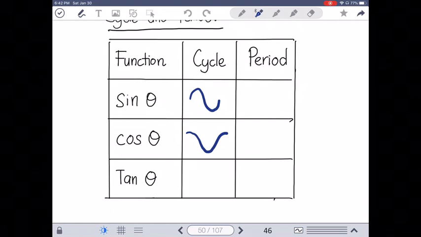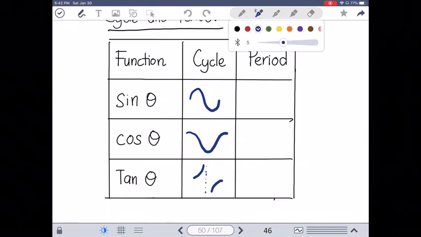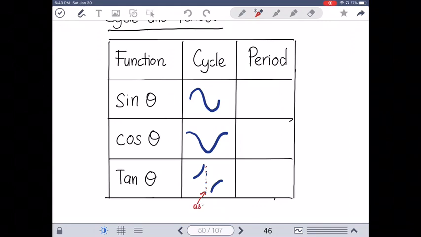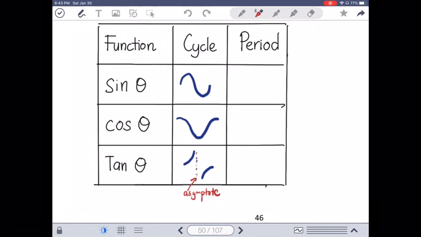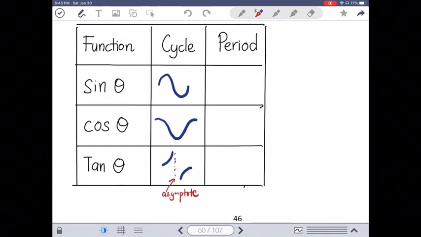And for tan theta, it looks like that, such that the dotted lines are the asymptotes. Okay, so this is one cycle.